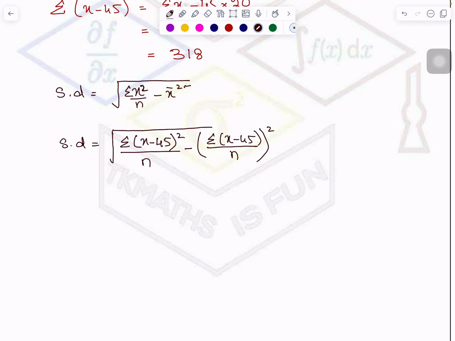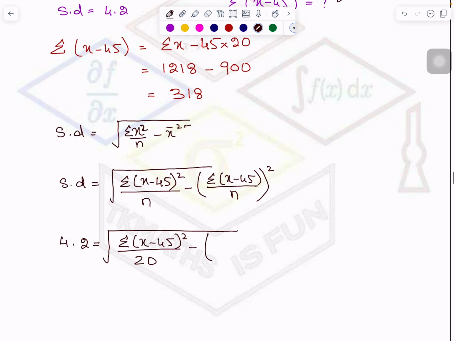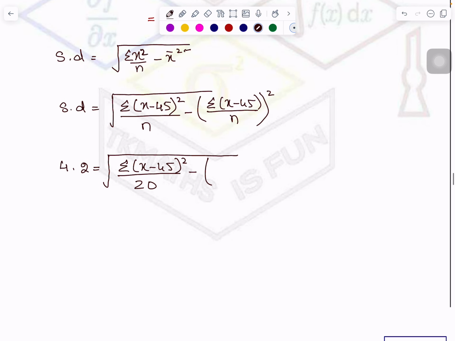So I can write here 4.2, and sigma (x minus 45) squared I have to calculate, so I will keep it as it is. n is 20. Sigma (x minus 45) we calculated as 318 in the previous part, and it is squared over 20.